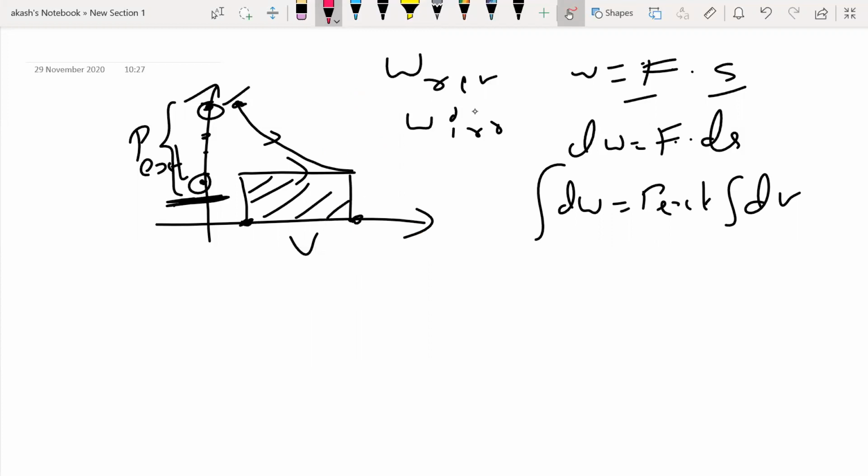So this entire area would have been the area under the curve for the reversible process. Okay, so obviously from the graph you can see that the work done during a reversible expansion is greater than when you do an irreversible expansion, right?